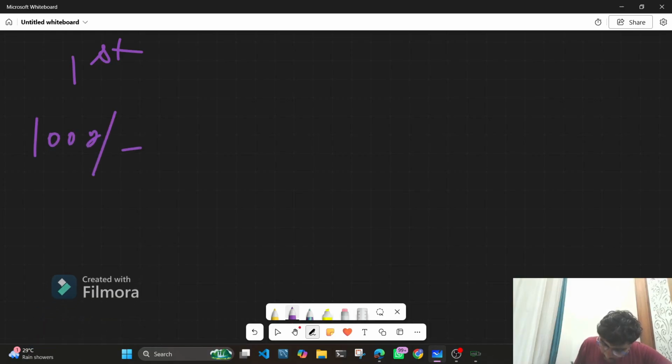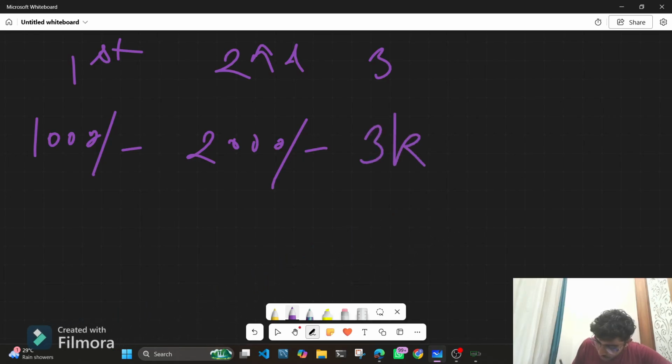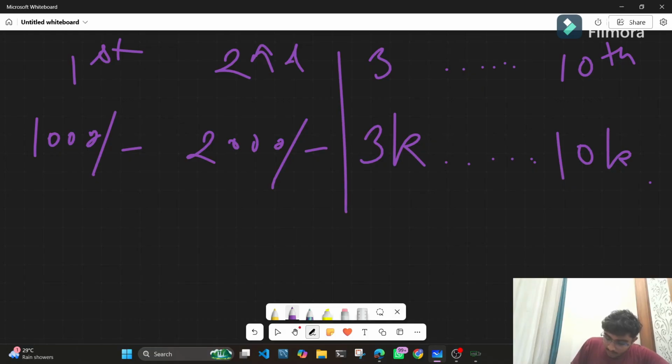What we notice is for the first year my salary was 1,000. For the second year it was 2,000. For the third year it was 3,000, and by the 10th year it will be 10,000, right? 10K.